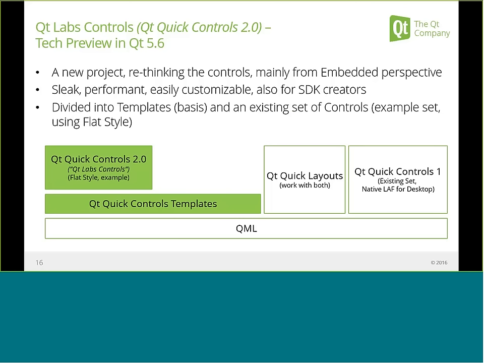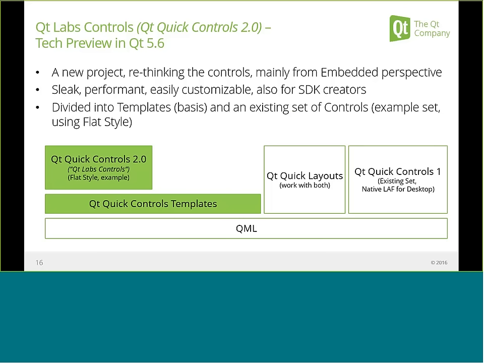If you want to have your whole set of custom controls, not just individual custom controls, but you want to provide your own controls, let's say you have a phone ecosystem, and your phone ecosystem should have its own look and feel, that should be possible to do with the new architecture.